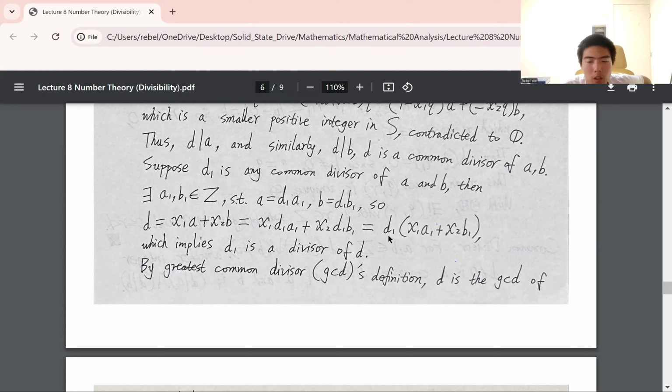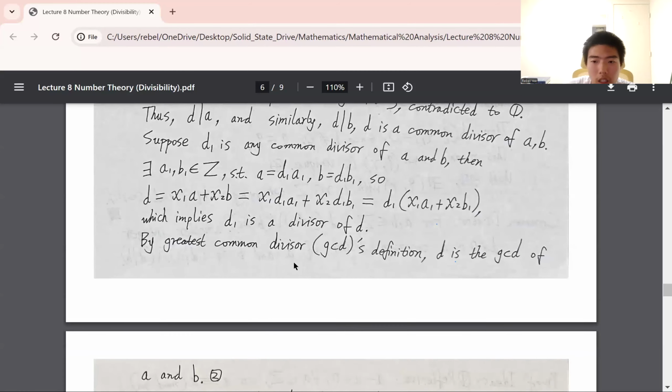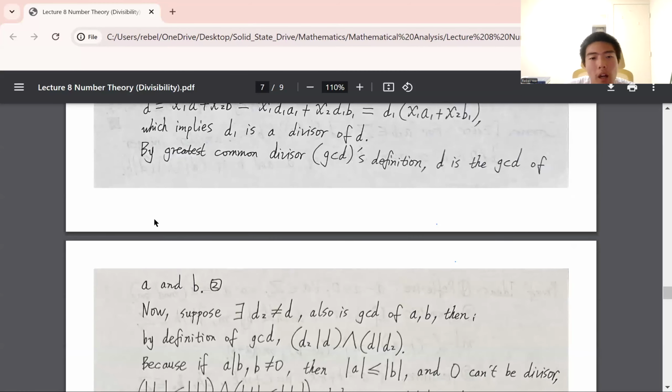And this is equal to D1 times something. And this one is formed by a linear combination of integers, which is also an integer. So D equals D1 times an integer, which means D1 is a divisor of D.